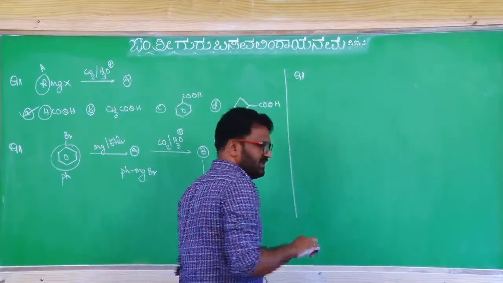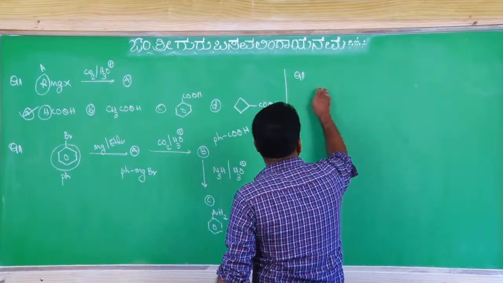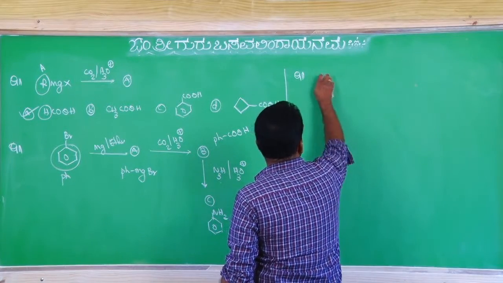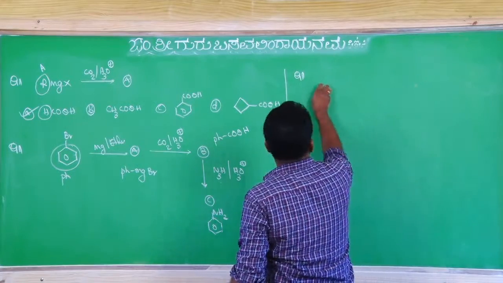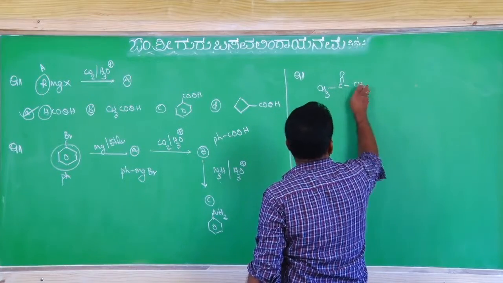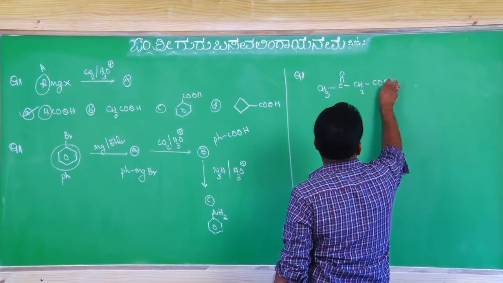Let me link with other functional groups. We have CH3COCH2COOH.